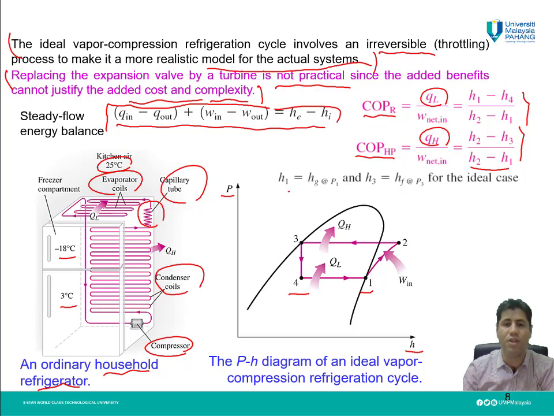But we have a hint here for an ideal vapor compression refrigeration cycle. H1 is equal to Hg, or the enthalpy of saturated gas at P1, the pressure at state 1, and H3, which is this state, is the enthalpy of the saturated liquid at P3, the pressure at state 3.